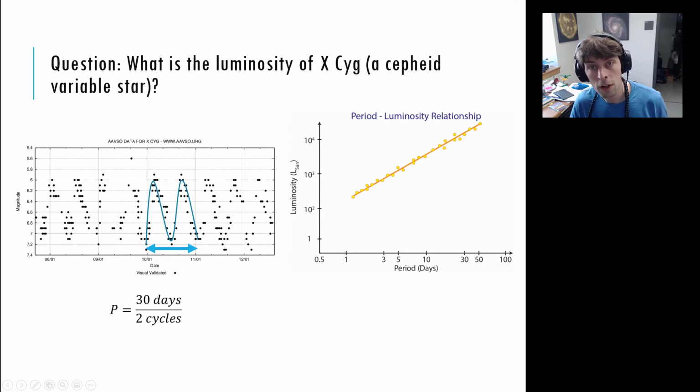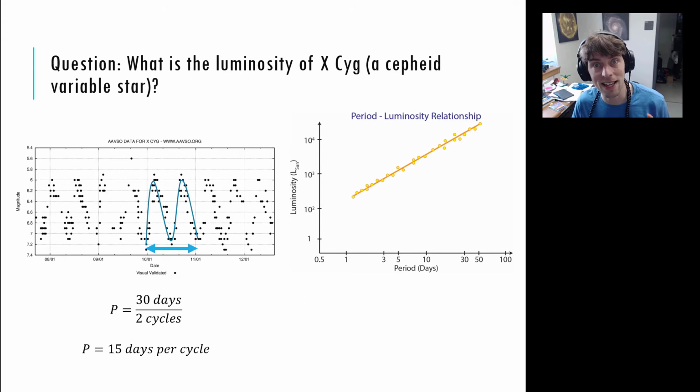The period is roughly 30 days, and in that 30-day sequence, I completed 2 full cycles. So 30 days divided by 2 gives me a period of about 15 days. That's the first part: I need to estimate the period from the light curve. Good so far?